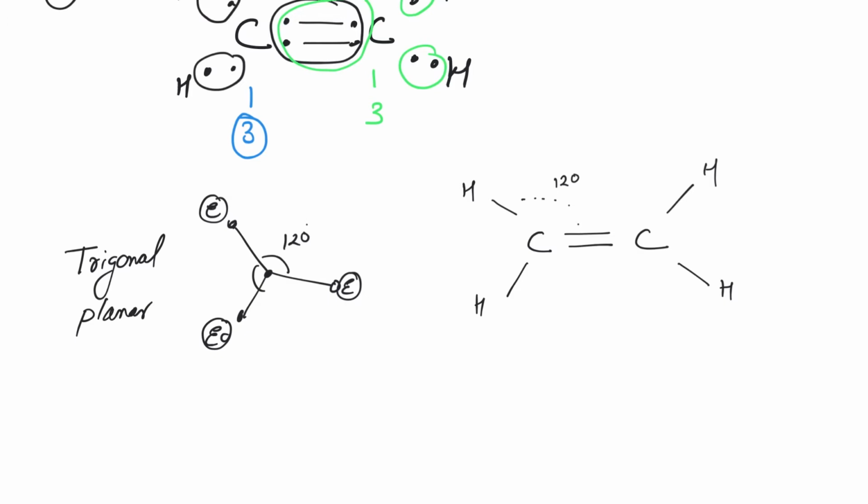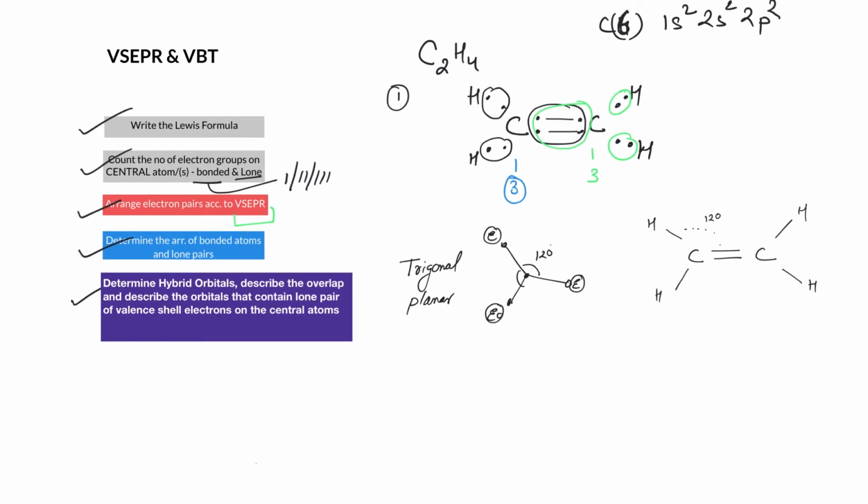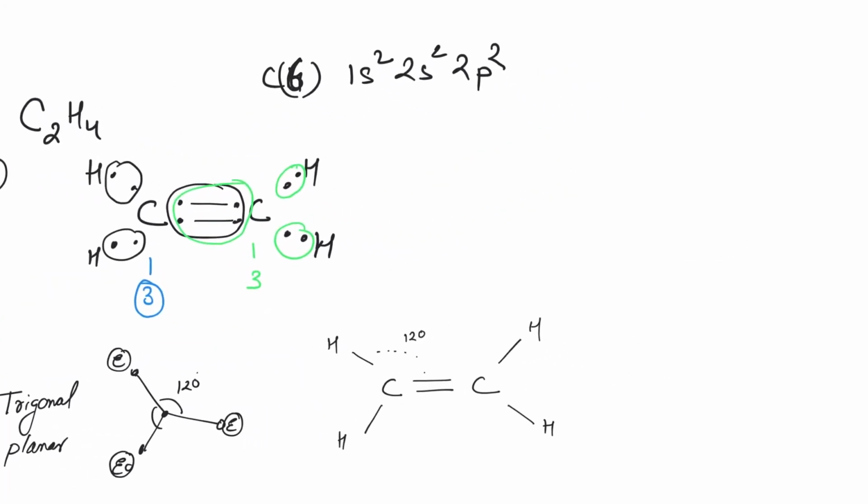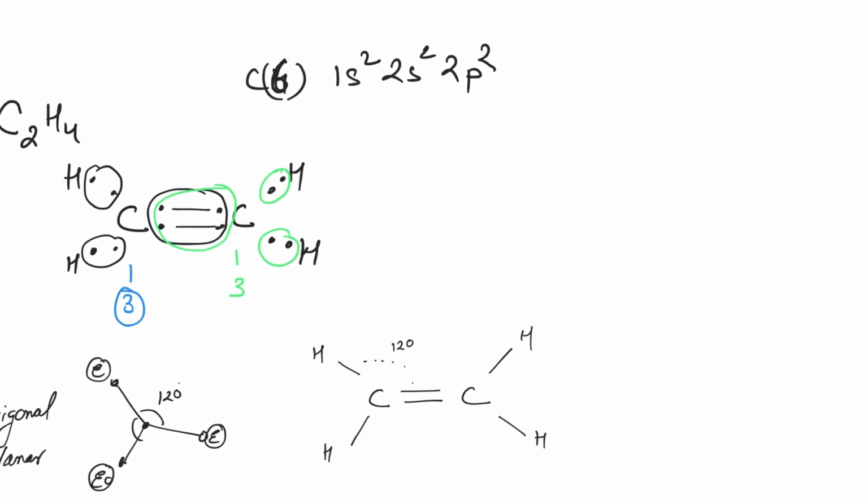As far as more than one central atom is concerned, I think we have solved that. Now we have to talk about hybridization, and then we come to how to deal with this double bond. So how many electrons are actually participating here?